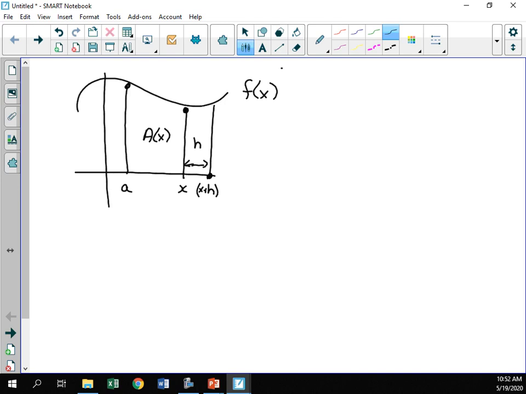Now, why am I introducing H? Well, let's say this line here gets closer and closer to this value of X. What does that relate to?